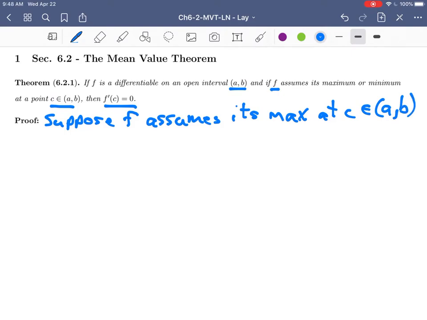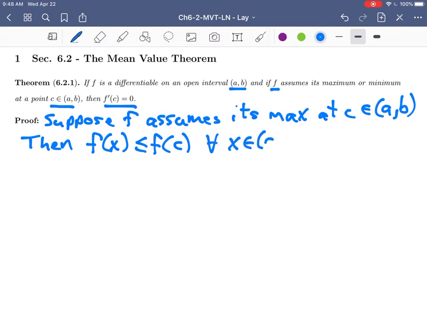What does it mean if it assumes its maximum? Well, then that means that f of x is less than or equal to f of c for all x in the open interval from a to b. Right? So f of c is the largest function value.